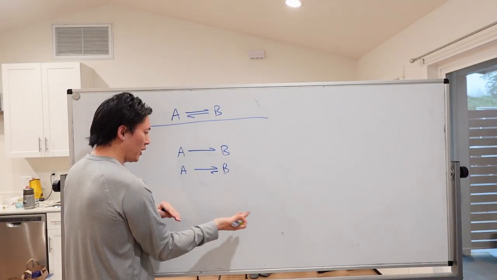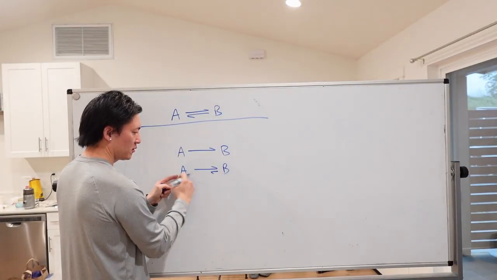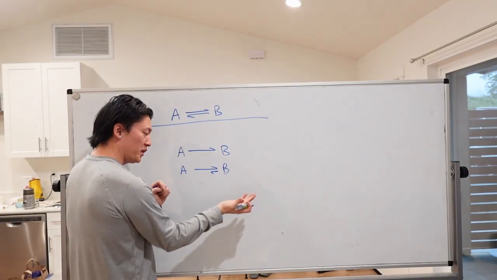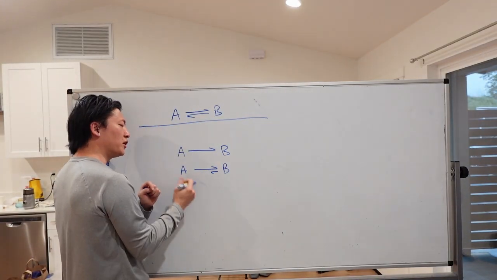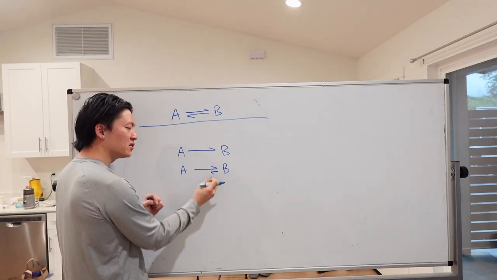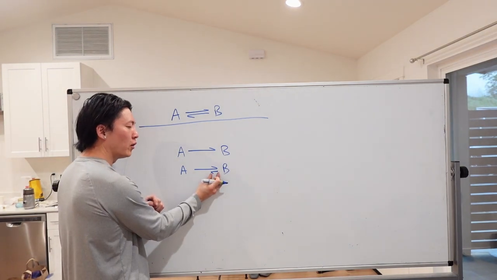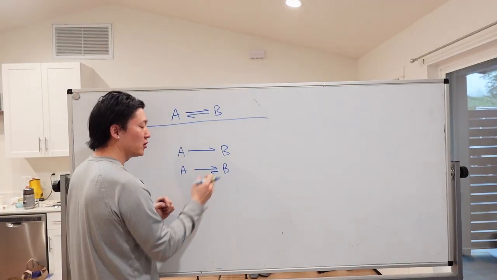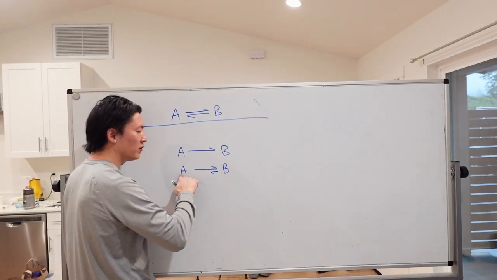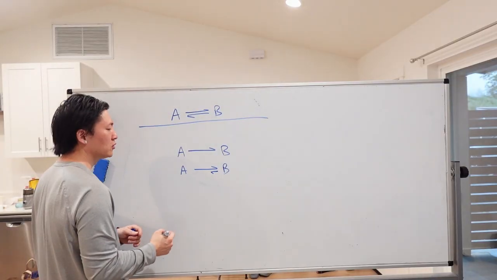Finally, some B has been made in this second situation here. And then as B is made, it's slowly turning into A. That slowness is represented by this smaller arrow. Notice that the A turning into B is still quite large, meaning the rate of A turning into B is still quite large.